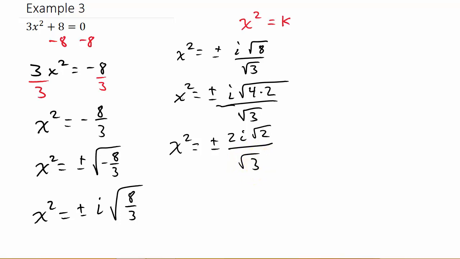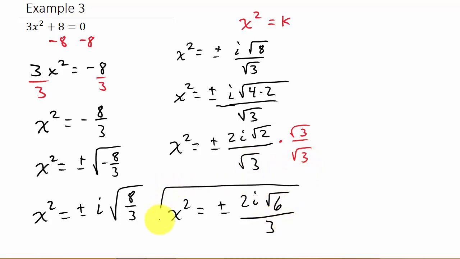Well, now I need to rationalize the denominator. I have to get this square root of 3 out. So I multiply numerator and denominator by square root of 3. And so I get x is equal to plus or minus 2i, square root of 3 times square root of 2, square root of 6, over, and then square root of 3 times square root of 3 is 9, and the square root of 9 is 3.